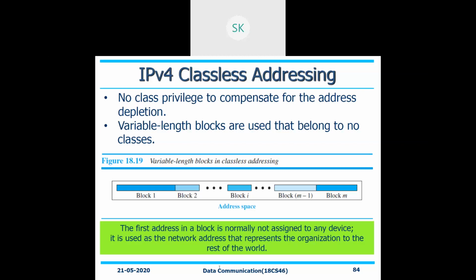So for the educational purposes in India, we'll be using 192 as the number. That is your network ID. The rest will be taken care of for the addresses given for your systems. That is how it will be working with respect to classless addressing.